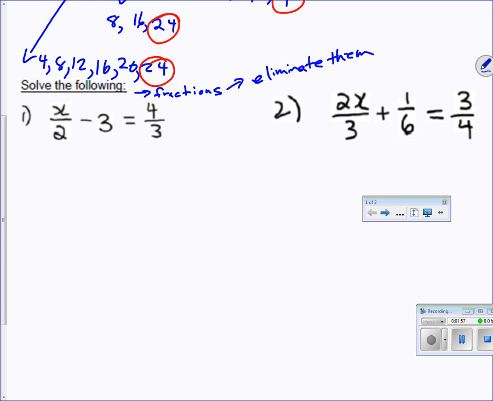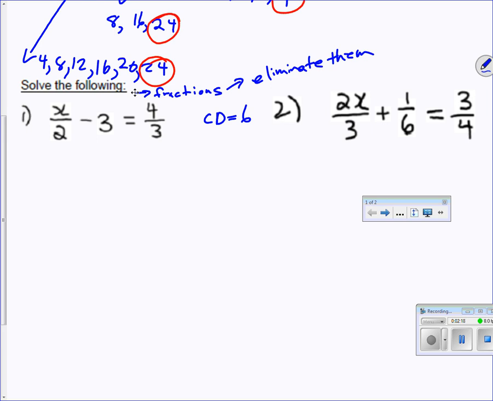In question number 1 here, we have 2 and 3. The common denominator for 2 and 3 is going to be 6, because 6 can be divided by 3 and 2 together.